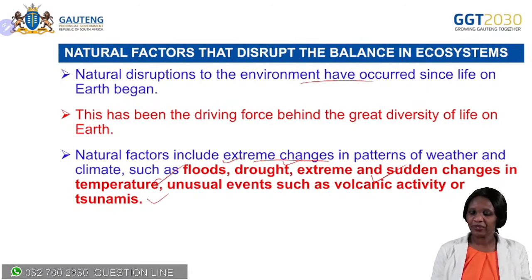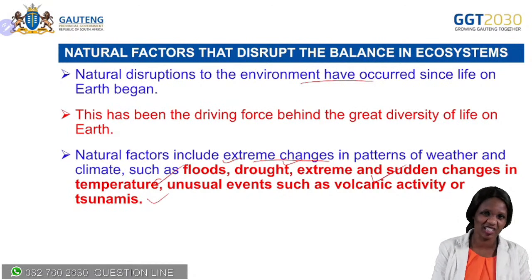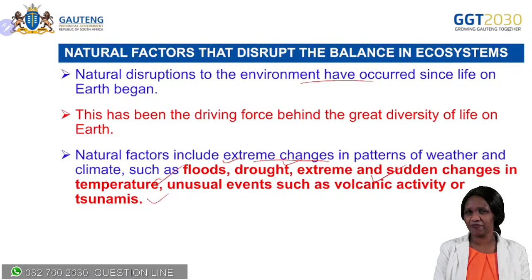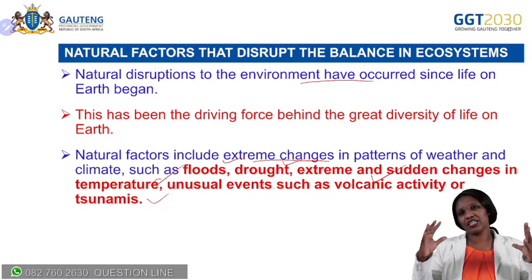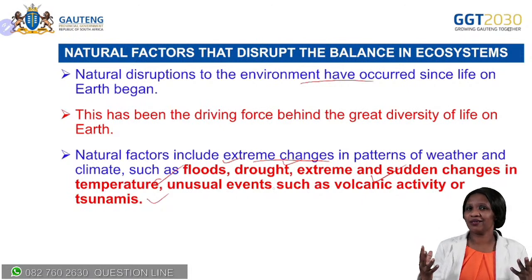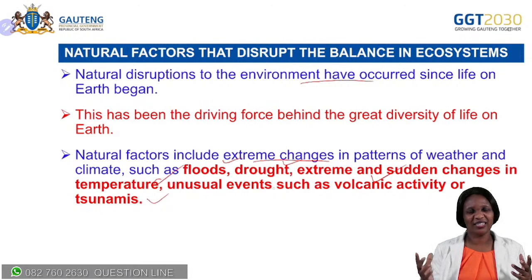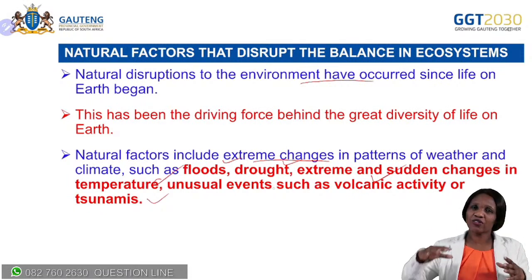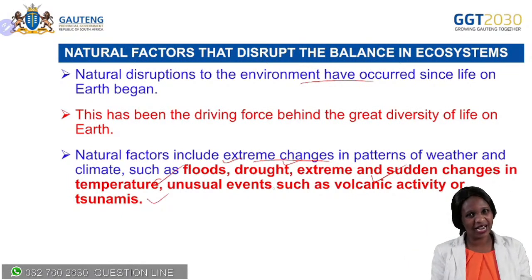All right. And then we also have droughts. It is because of how we are treating our earth. And even certain changes in temperature. For example, our earth is protected, especially from the dangerous ultraviolet rays. There is a layer of gases that is protecting us.